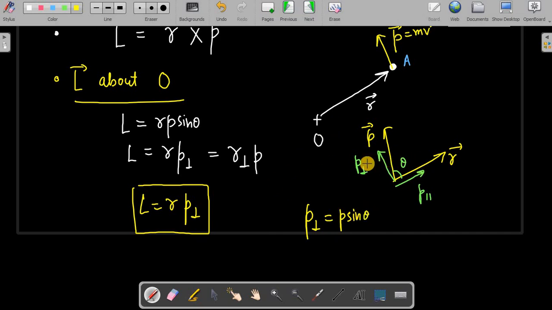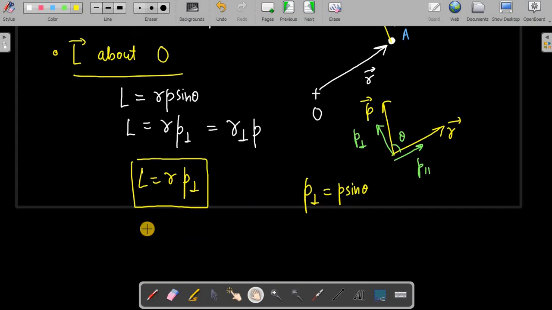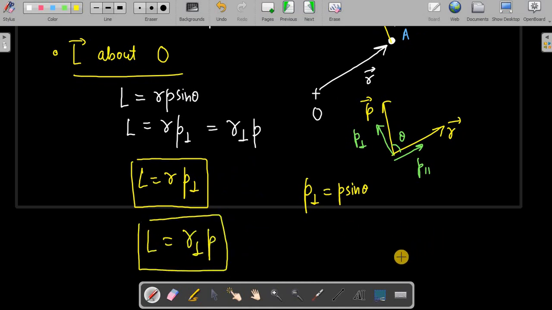And how do you draw P perpendicular? You need to resolve P parallel and perpendicular. It is the P which we are resolving, R we are not resolving. If you are resolving R, then you will write angular momentum as R perpendicular into P. Then in this case, you are going to resolve R. Okay.